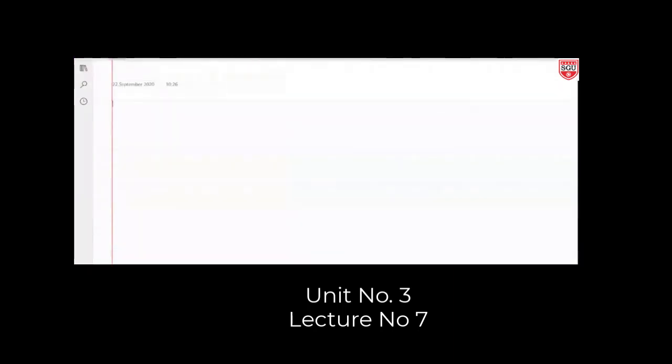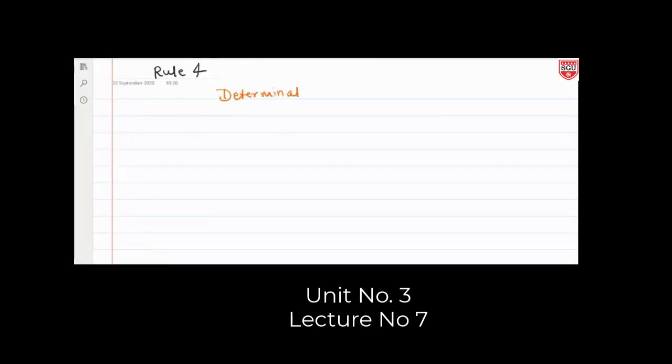Okay. So what is the next rule? Rule number 4. It is important and requires a little bit of attention to understand. It says: determination of the direction of branch on the real axis.